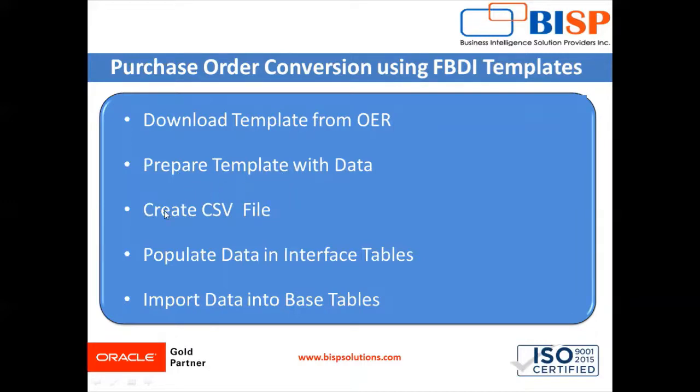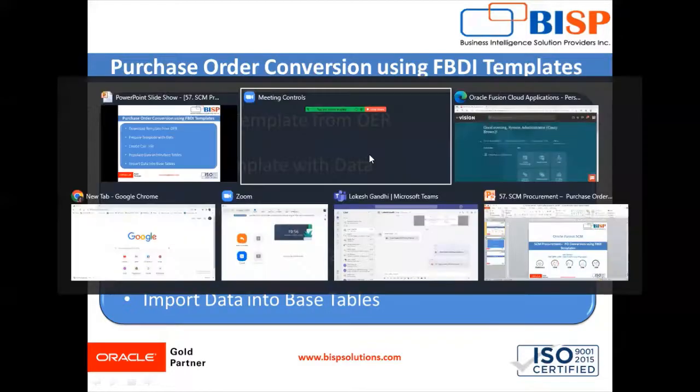Later on, we create the CSV file and upload this CSV file into the application so that our data populates into the interface table, and later on this data populates from the interface table to the base table so that this data reflects in our application. We'll see it on the application. So let's move on and download the template.